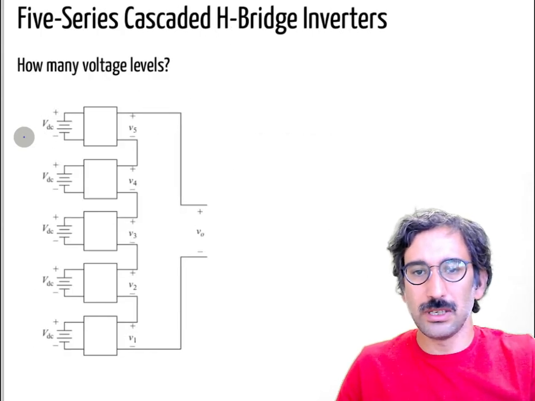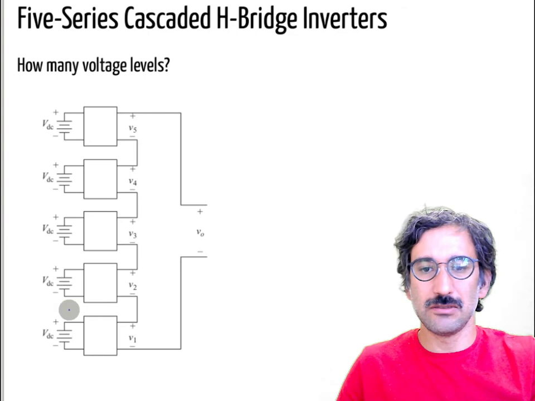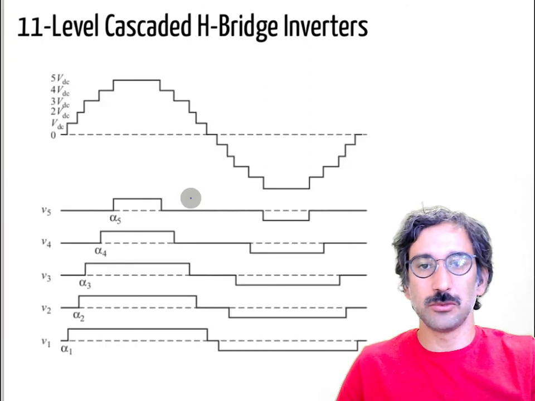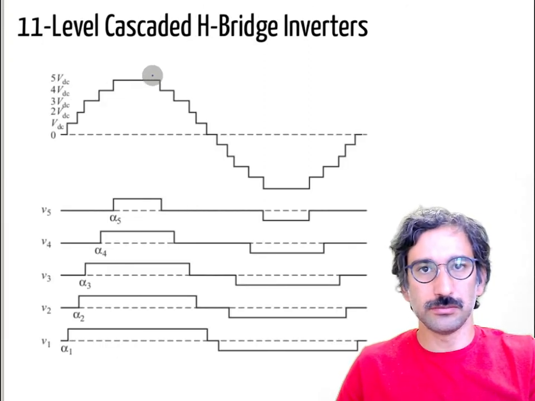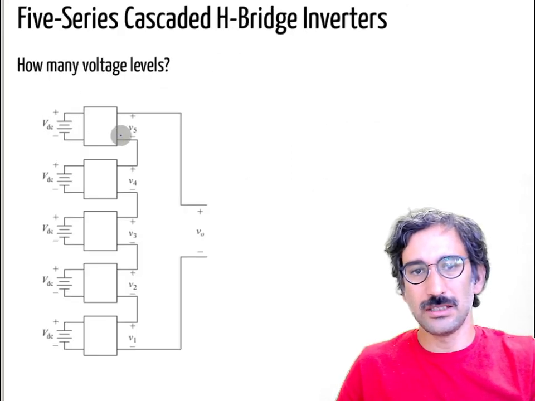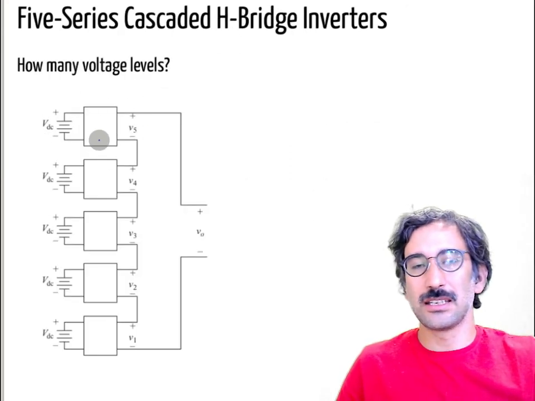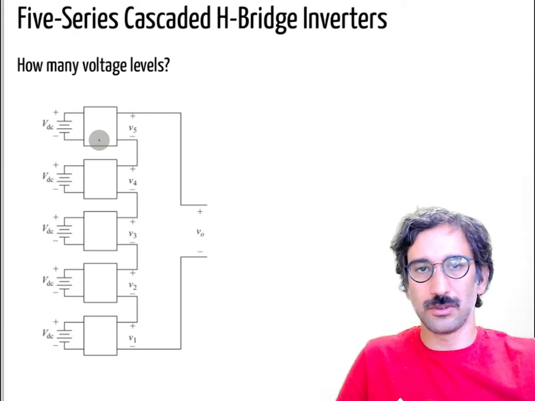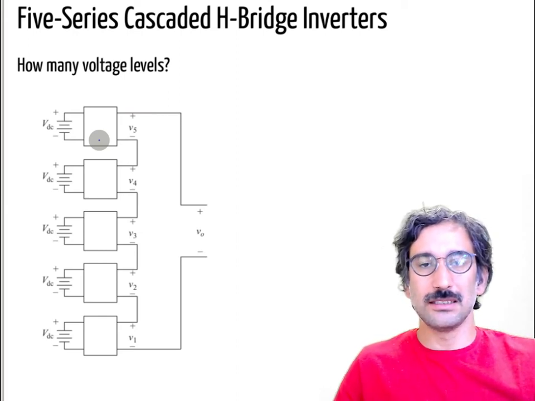With that, that DC voltage source can be 1000 volts, so at the output you can generate voltage up to 5000 volts, but each switch in your H-bridges can withstand only 1200 volts. So that is the idea.